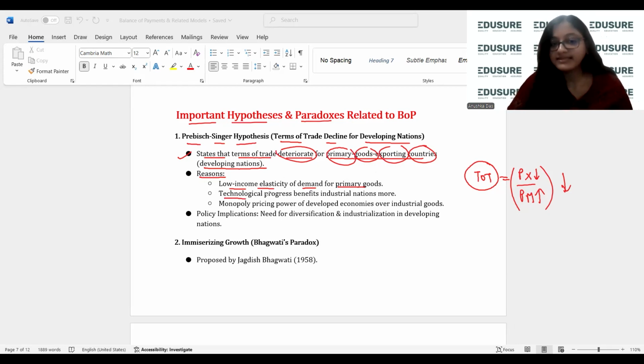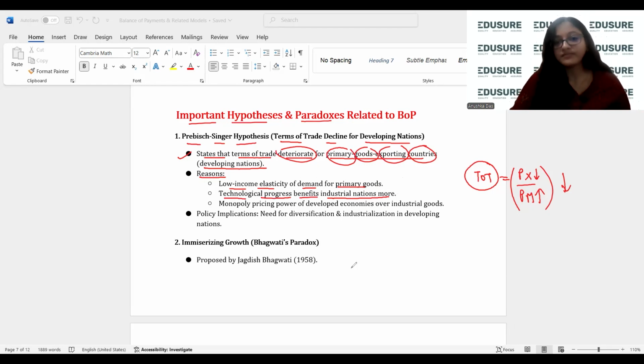Now, the second point says technological progress benefits industrial nations more. If you are in an industrial nation like the USA or China, you will produce in bulk. Industrial goods are produced in bulk, and whenever you produce in bulk, you have a cost advantage, which we call economies of scale, right?